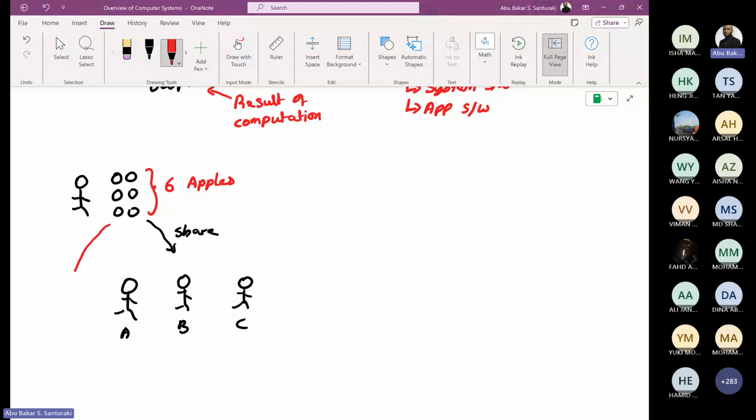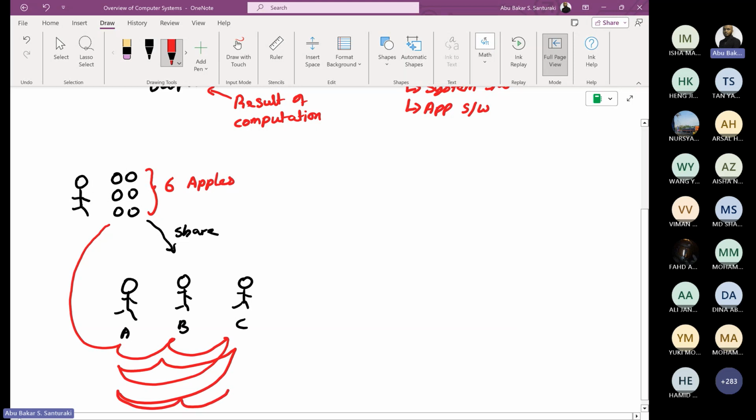I'll take 1 apple, give it to the first guy, then take another apple, give it to the second guy, then take another apple, give it to the third guy, and then repeat, until all apples are done. So in other words, you are performing a mathematical equivalent of doing 6 divided by 3. Does this make sense, people? Can I get a quick thumbs up?